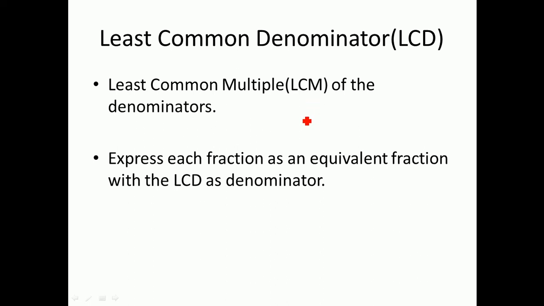For instance, if you have 1/2 and 1/3, and you wanted the LCD of these, you want them both to be equivalent. So in this case, if I multiply this by 3 over 3 and I multiply this by 2 over 2, then both of these can be placed over 6.